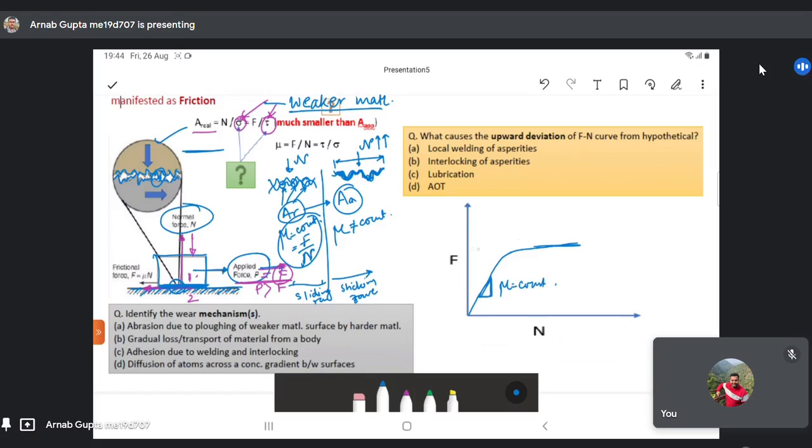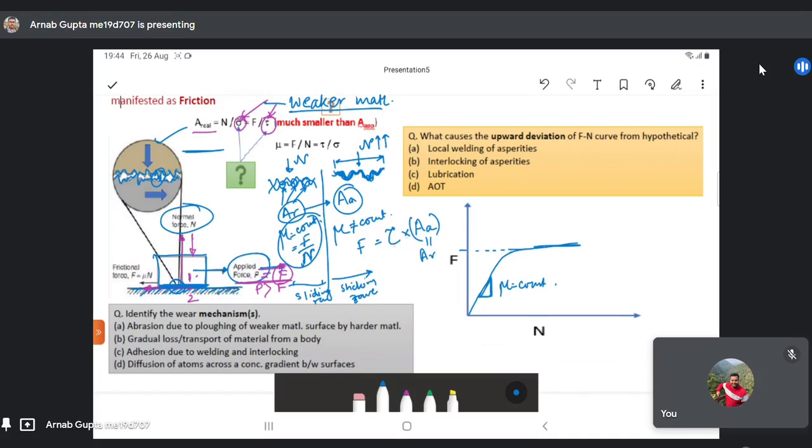So here the friction force ideally approaches a constant value, and that value is nothing but tau into the area, which is the real area. Or rather, the apparent area in this case will be equal to the real area.